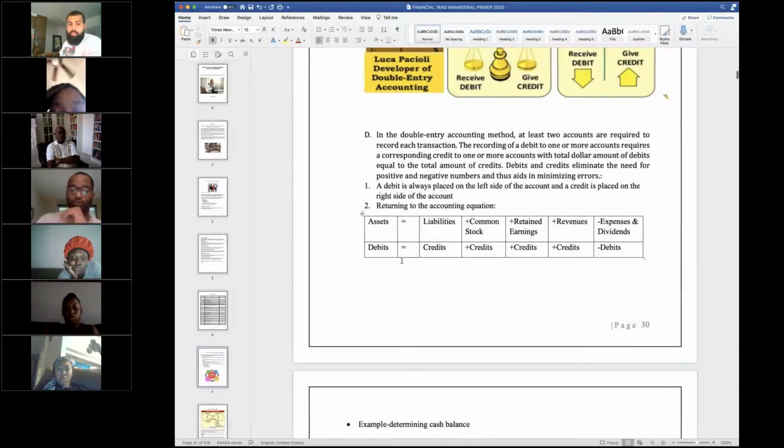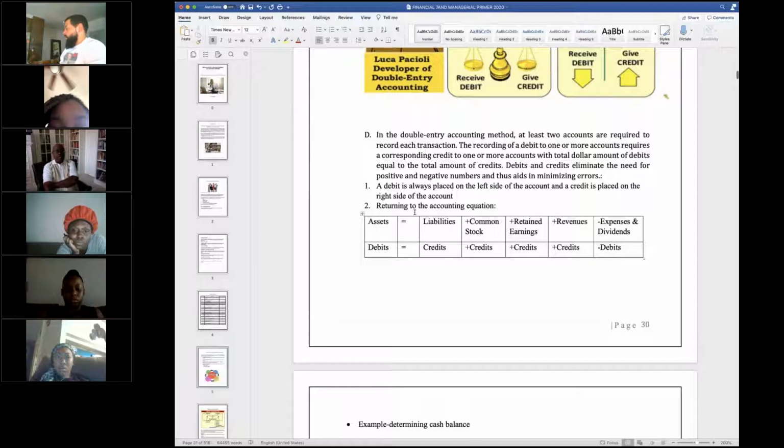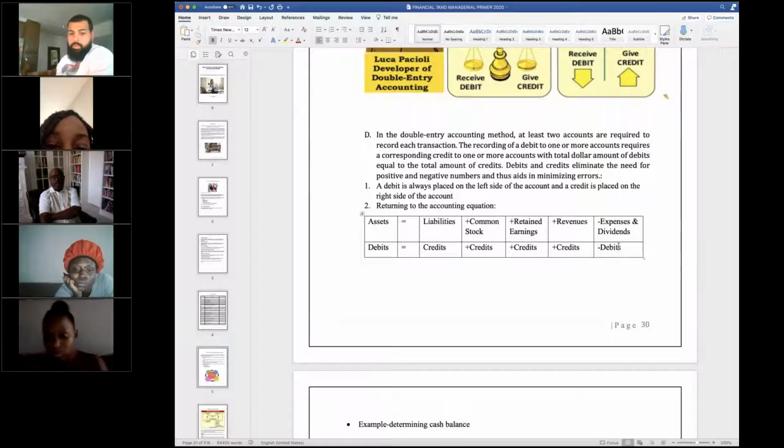And so going back to our accounting equation, we say the debits, which are on the left, equal the credits on the right for liabilities, the credits for common stocks, the credits for retained earnings, the credits for revenues, and the debits for expenses and dividends. Debits over here are good. Credits on this side are good. So that's why the expenses have debits and they're not good, because that's just like paying your rent.